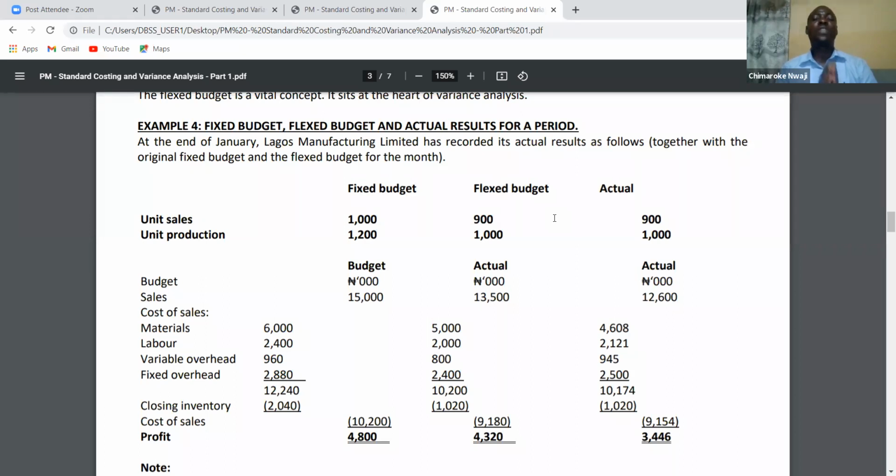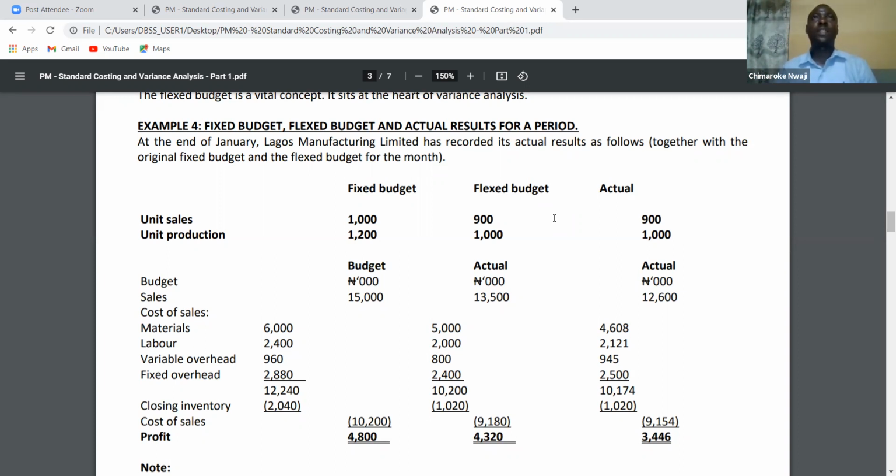Now, normally when you get your fixed budget, you don't do a flexible budget immediately. You know why? Because you can never know your flexible budget at the time your fixed budget is being made. It is at the end of the period when your actual result has been seen that you can now make your flexible budget.